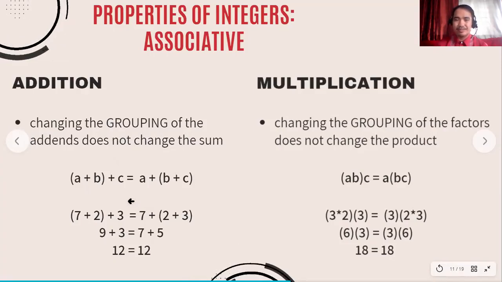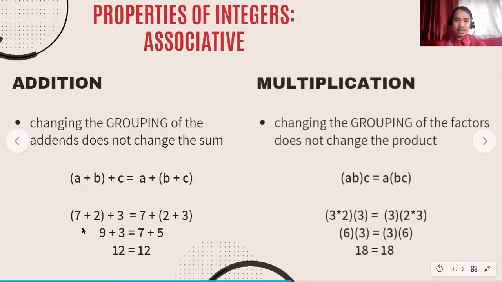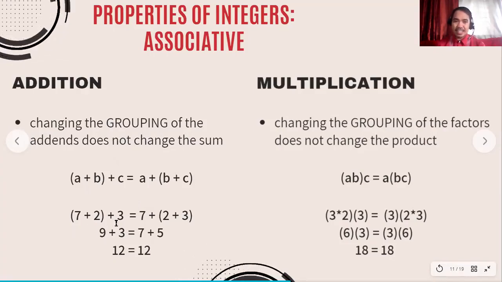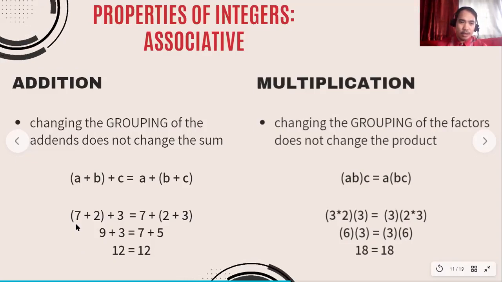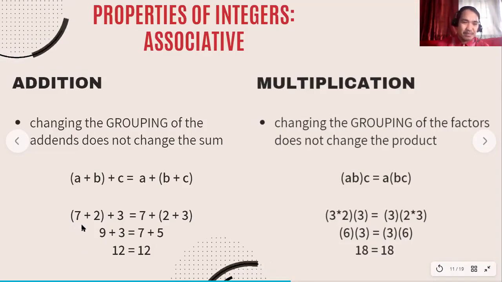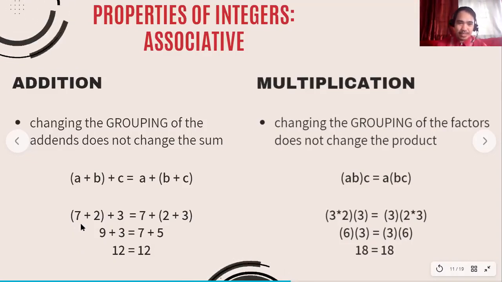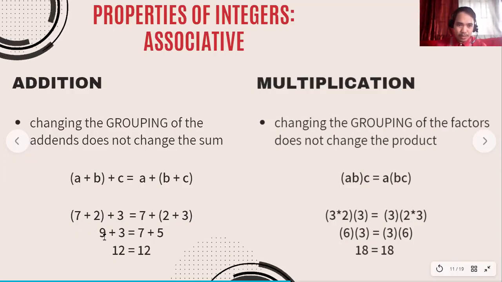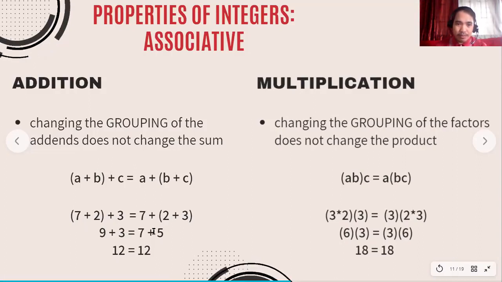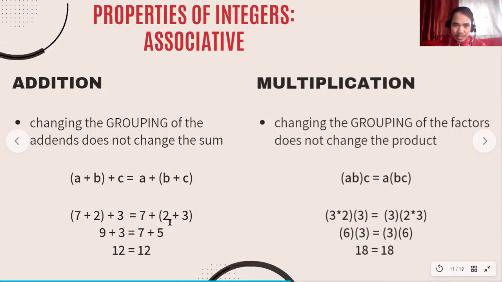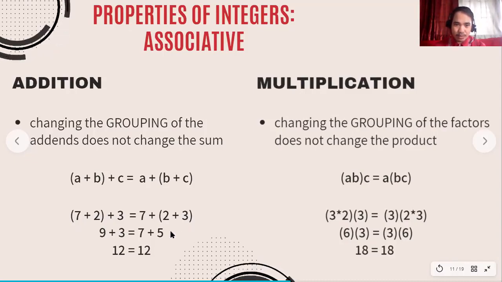For example, the quantity 7 plus 2, plus 3 is equal to 7 plus the quantity 2 plus 3. Let's first operate the numbers inside the parentheses. So 7 plus 2 is equal to 9, plus 3, is equal to 7 plus the sum of the two numbers inside the parentheses, 2 plus 3, which is equal to 5.